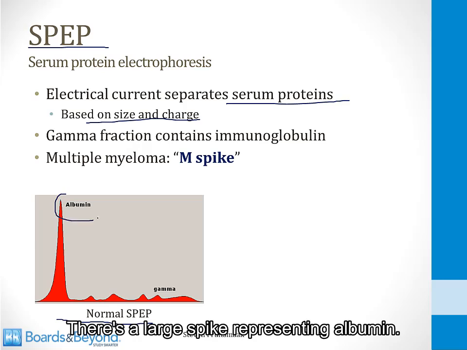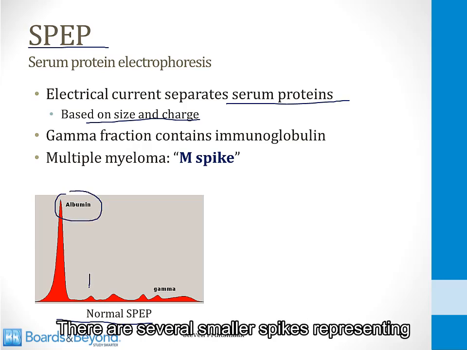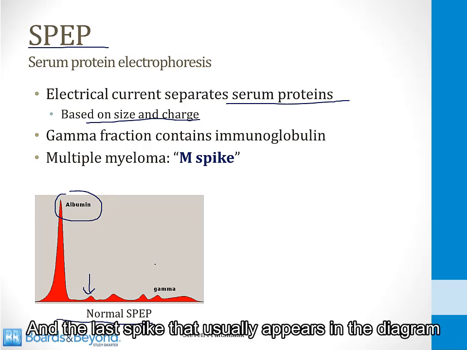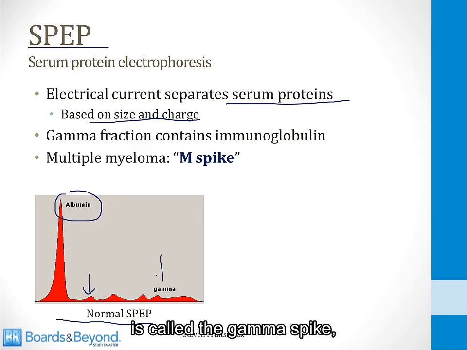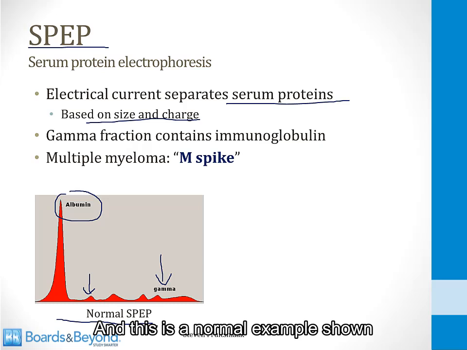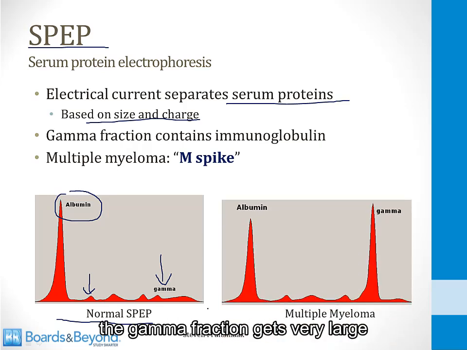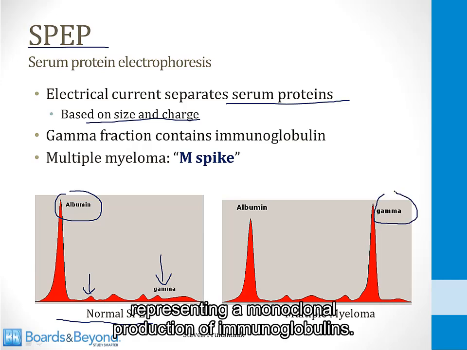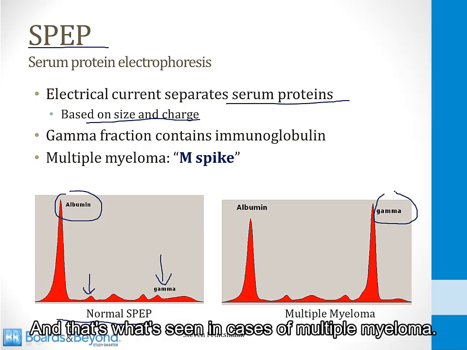There's a large spike representing albumin, there are several smaller spikes representing other proteins in the blood, and the last spike that usually appears on the diagram is called the gamma spike, and that represents immunoglobulin production, and this is a normal example shown on the bottom left side of the screen. In the setting of multiple myeloma, the gamma fraction gets very large, and you see what's known as an M spike representing a monoclonal production of immunoglobulins, and that's what's seen in cases of multiple myeloma.